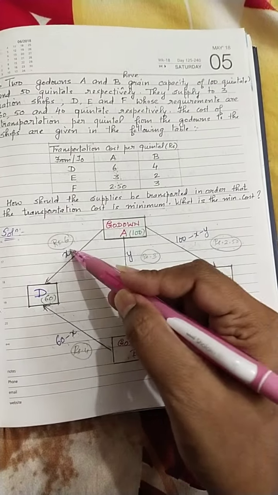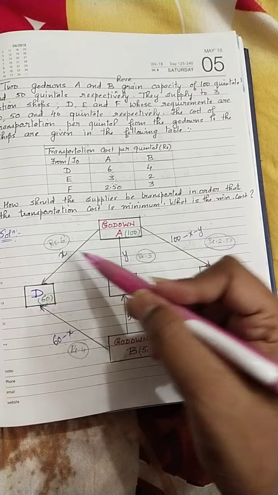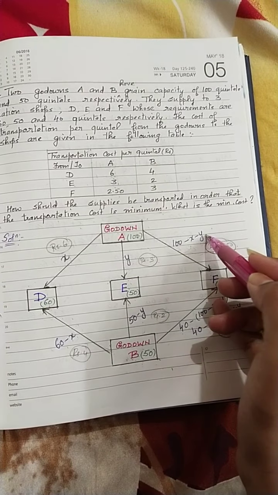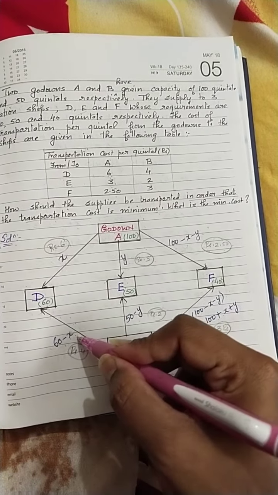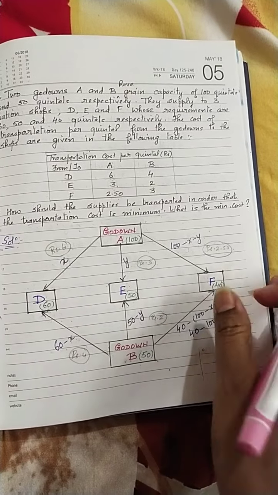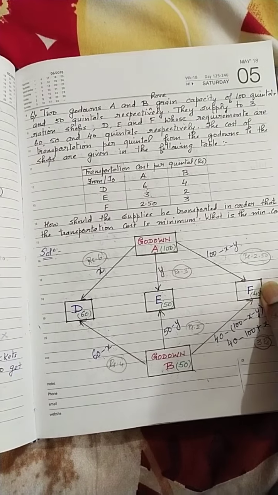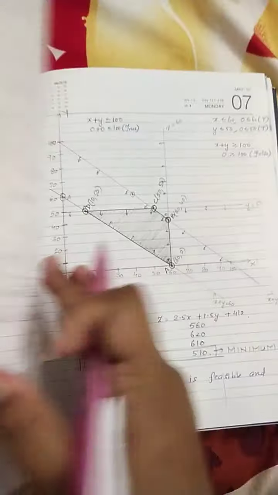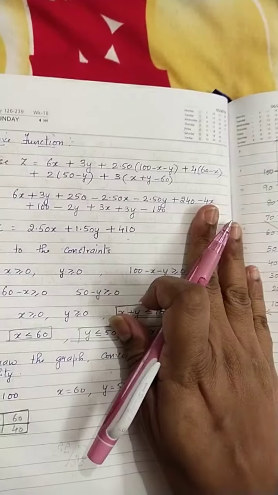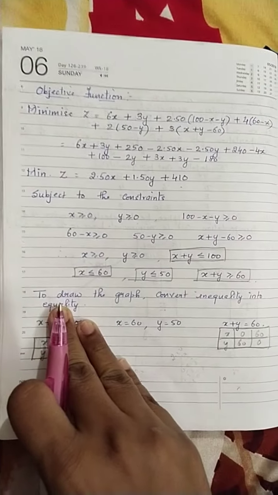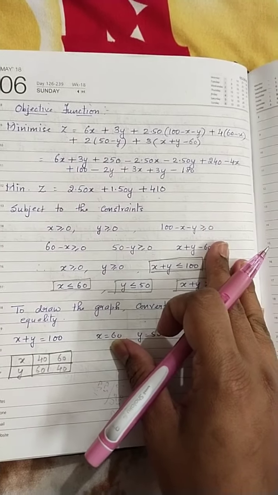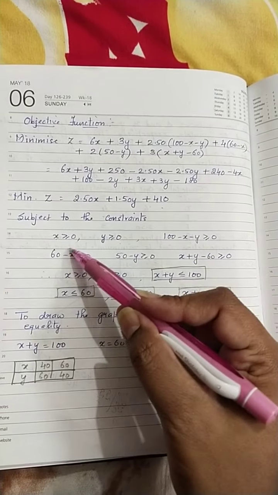Therefore, each of these, that is x, y, 100 minus x minus y, and 60 minus x, 50 minus y, all will be greater than or equal to 0 because it is quintal. Quintal is a quantity which is being measured, and that quantity can never be negative. That is the reason it is all greater than or equal to 0.